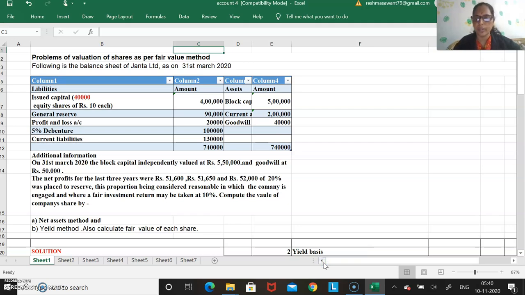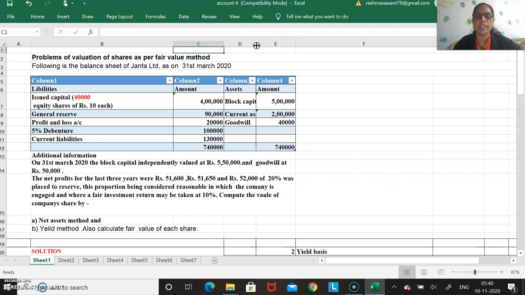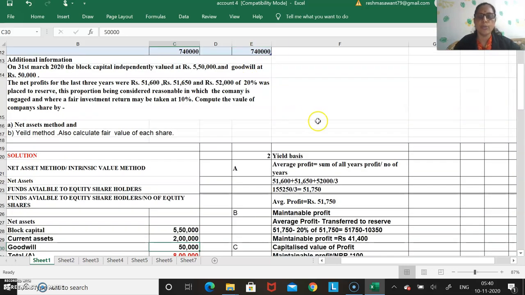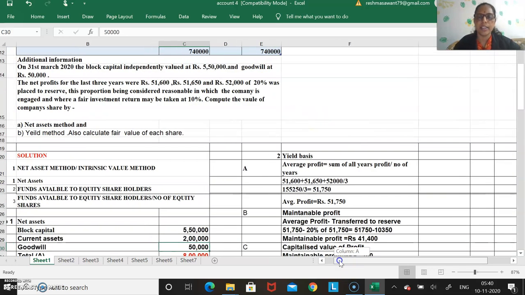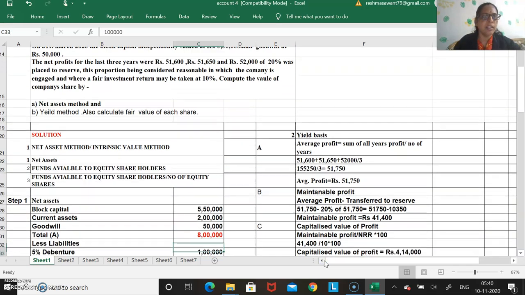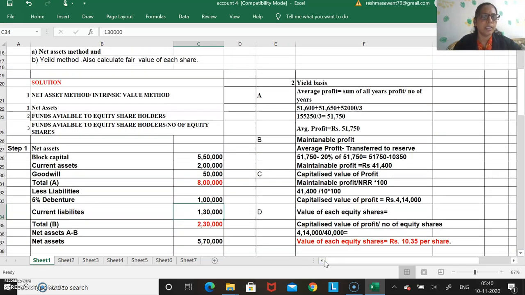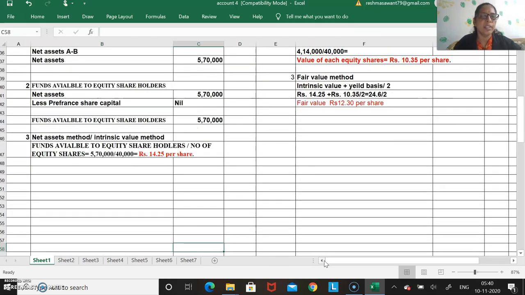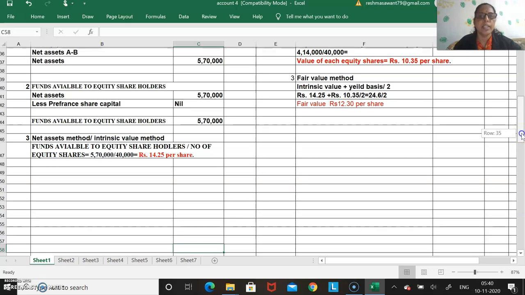Some asset liabilities are there. Then we discuss the calculation of first method, net asset method. In net asset method, there are 3 steps. First, calculate net asset. Second, funds available to shareholders. Then calculate the value of equity share as per the intrinsic value or net asset method.